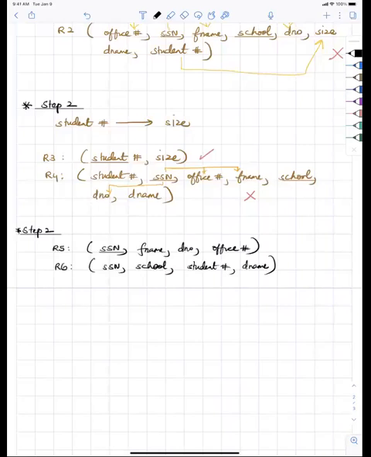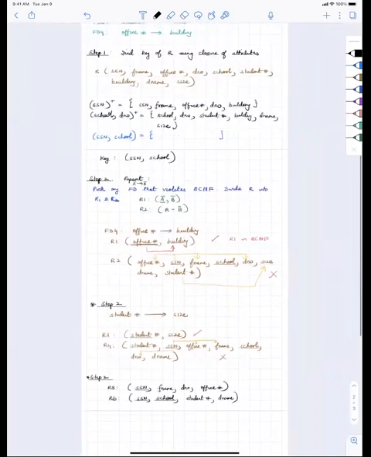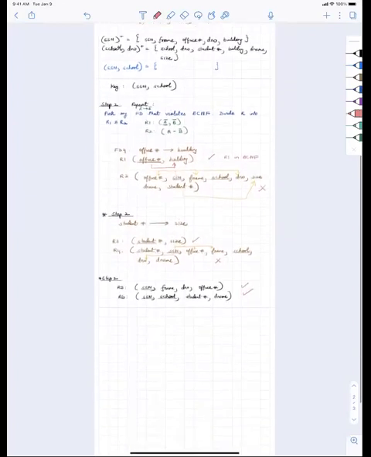Okay, so here SSN and school are the functional dependencies. So at this point, I think there's no other functional dependency in either R5 or R6. So we can check just to make sure. So there's nothing more. Student number determines size, office number goes to building. So yes, everything's out. So these two are in Boyce Codd normal form. So finally, we have the final table. So we have R.